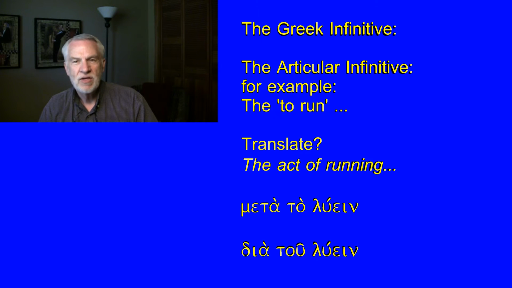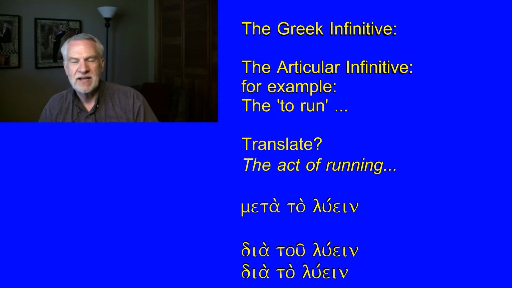So I could say dia tou luein, that would be through the act of loosing, or I could say dia to luein, which would be on account of the act of loosing. Do you see the difference? The use of the article is going to be basically dependent on what case of the preposition that we're going to be using. So just be sure you're thinking about that as you go along in the exercises.